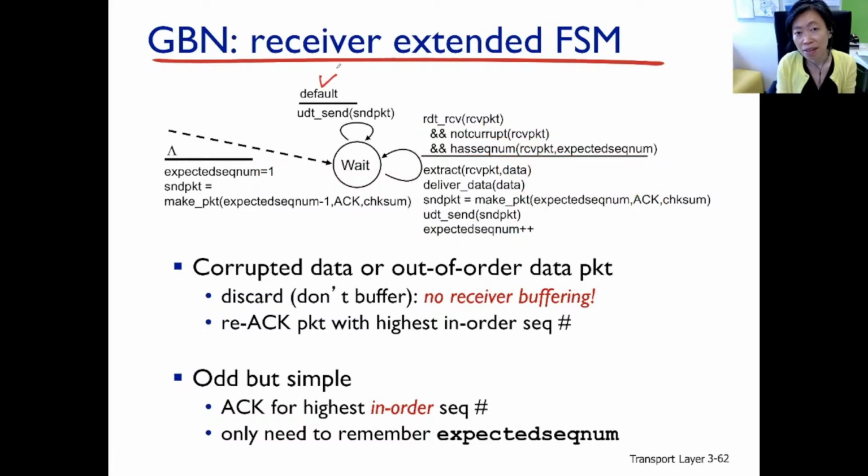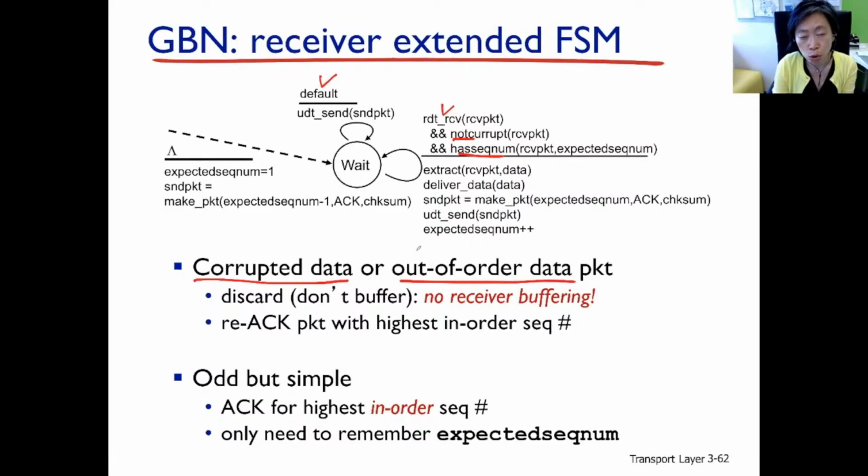The second case is the default transition. Default means all the other conditions that don't match the previous transition's condition, which means the data can be corrupted, or the data is received not corrupted but not carrying the expected sequence number.